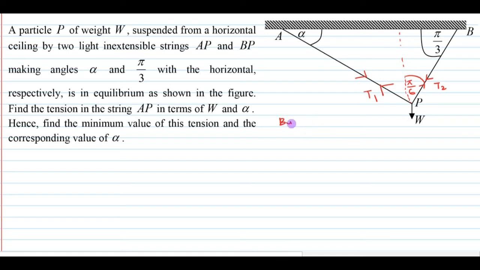By Lami's theorem, T1 divided by sine of π minus π/6, equals W divided by sine of π/2 minus alpha plus π/6.